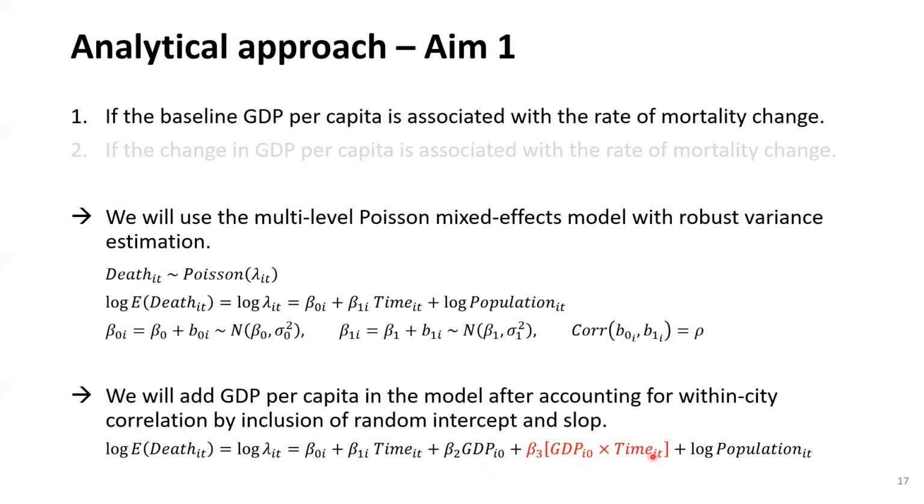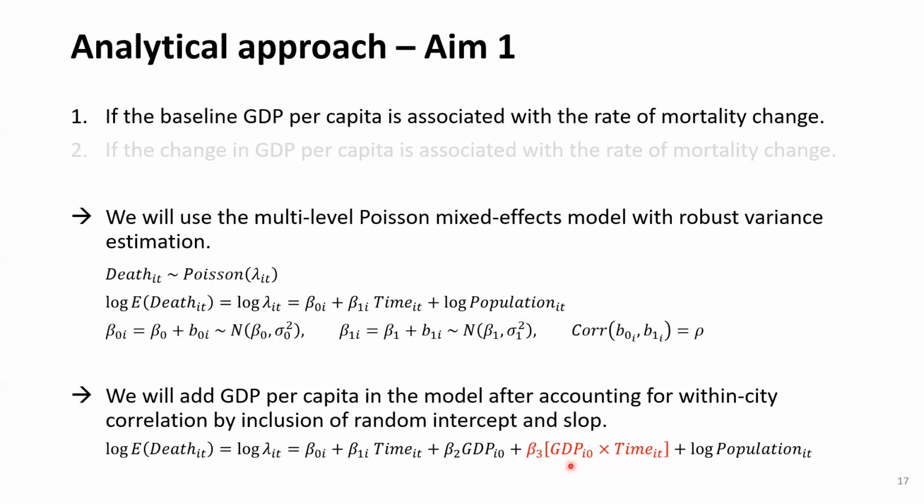And here we include also an interaction term between this initial value of GDP and time. By doing this, this model tells us the effect of time varies by the level of GDP, okay?